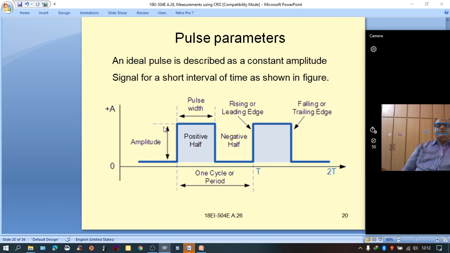Here is the amplitude of the pulse and here is the width of the pulse. And this is one cycle completing positive half and negative half. Total is one cycle. And here this edge is called the rising edge and this edge is called the falling edge as shown here. Rising edge is moving from low to high, falling edge moving from high to low. So a combination of low to high and high to low forms a pulse.